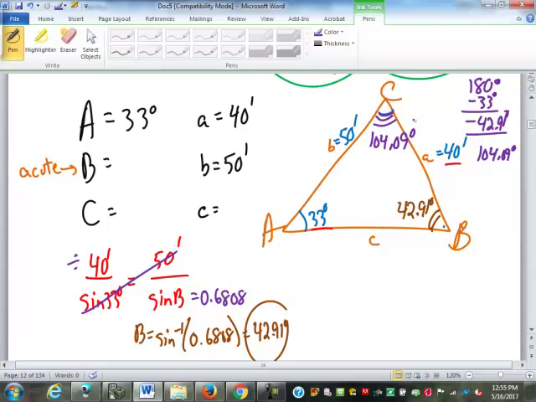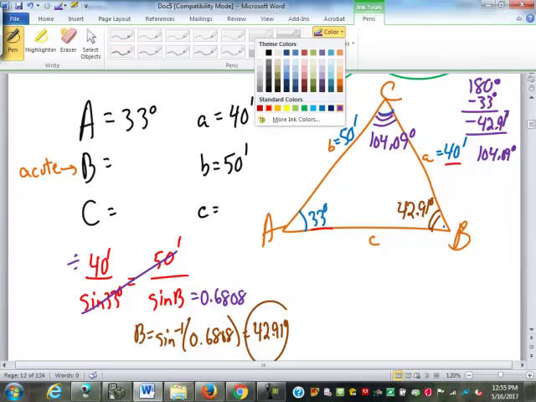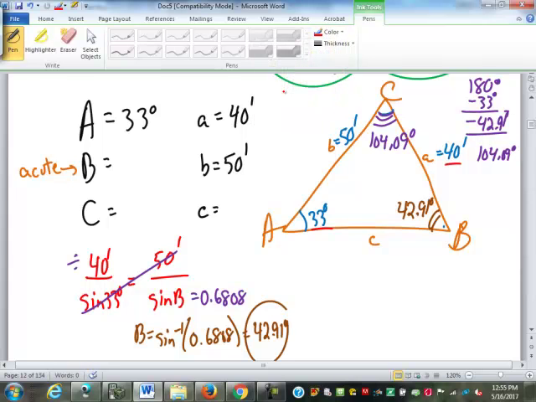No, 104.09. So now I can find my final side. I still got my 40 feet over my sine of 33 degrees equals side C over the sine of 104.09.